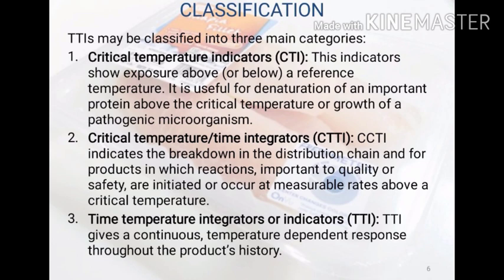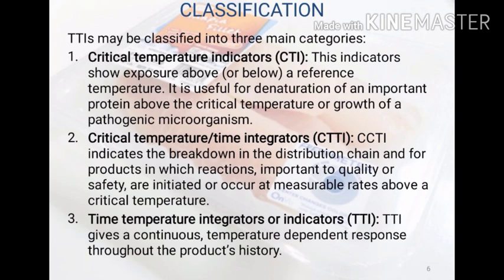They merely indicate the fact that the product was exposed to an undesirable temperature for a time sufficient to cause a change critical to the safety or the quality of the food product. Good examples of such cases are the irreversible textural deteriorations that happen when phase changes occur. Denaturation of an important protein above a critical temperature or growth of pathogenic microorganisms are other important cases where these critical temperature indicators would be useful.